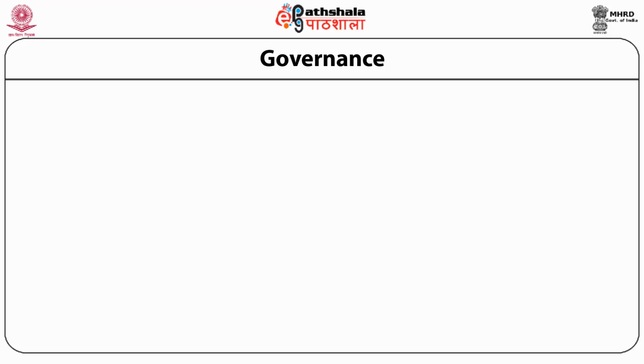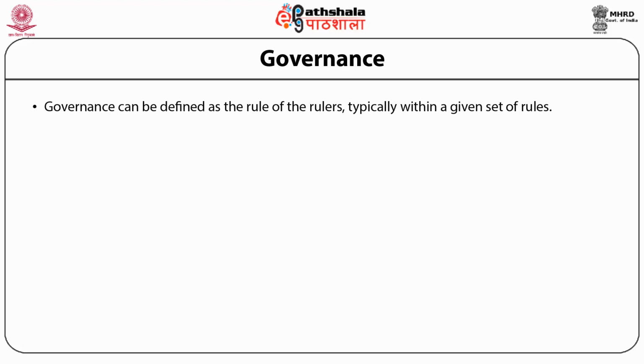The first concept is that of governance. To enable and facilitate the discussion, a key question to be posed at the outset is, what is governance? Conceptually, governance can be defined as the rule of the rulers, typically within a given set of rules.